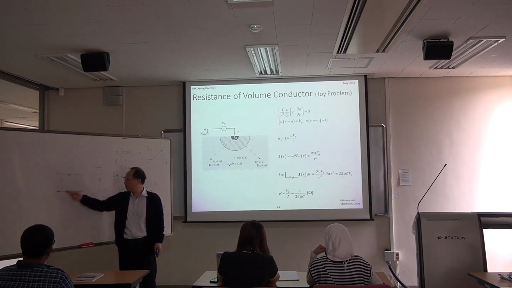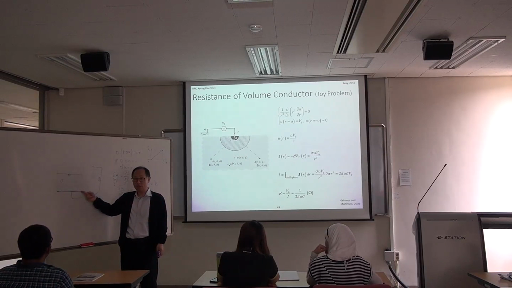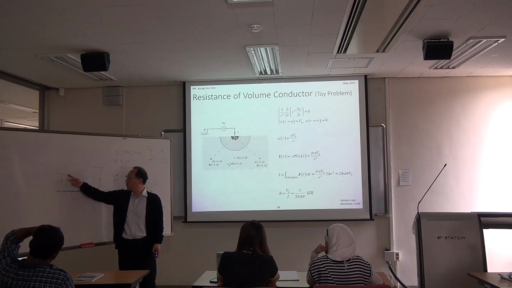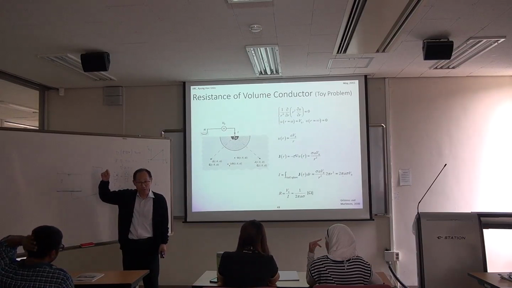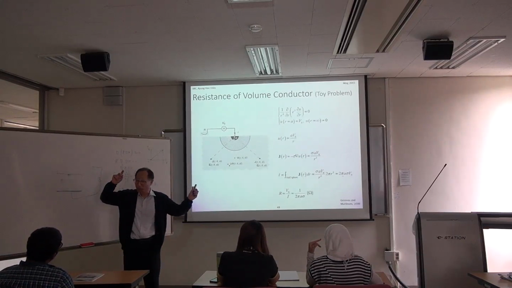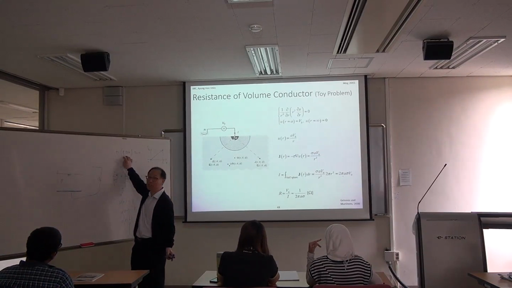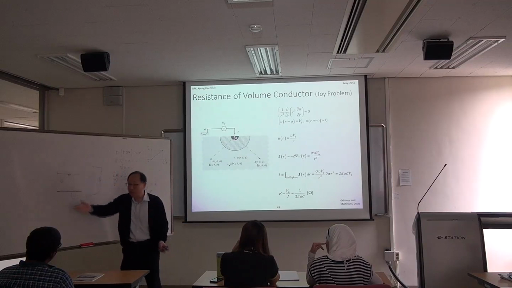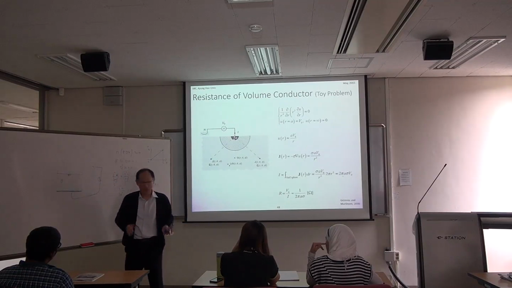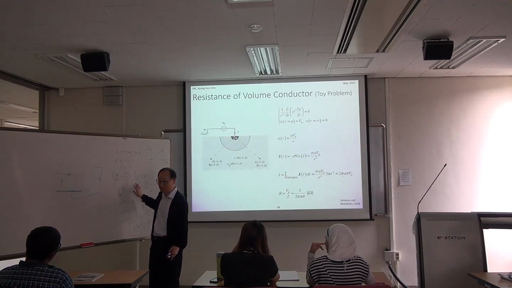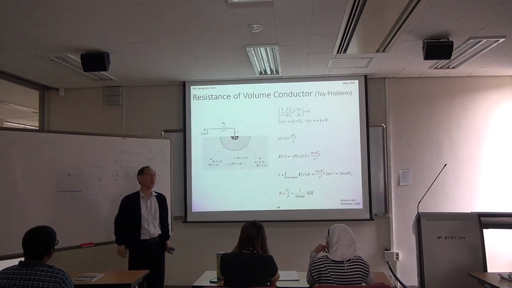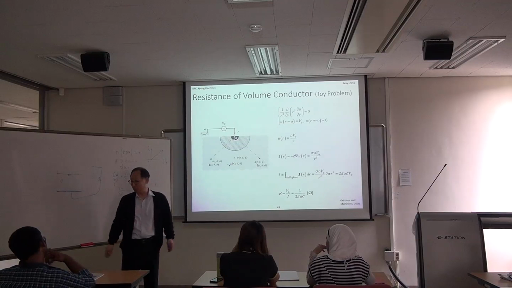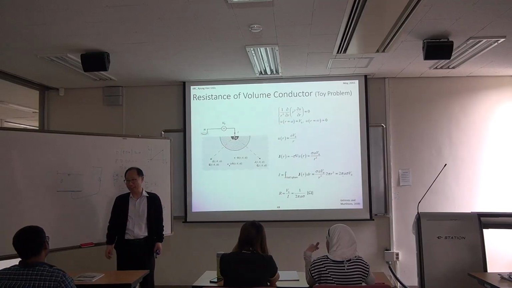We assume voltage here is 0, and we assume voltage on the surface of the half sphere is V0, just like before. And we solve this equation in the spherical coordinate system. Before we used the Cartesian coordinate system, but because this is a sphere, we better use the spherical coordinate system, which you don't like.